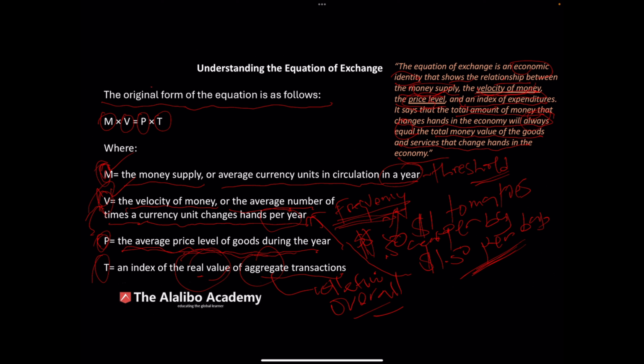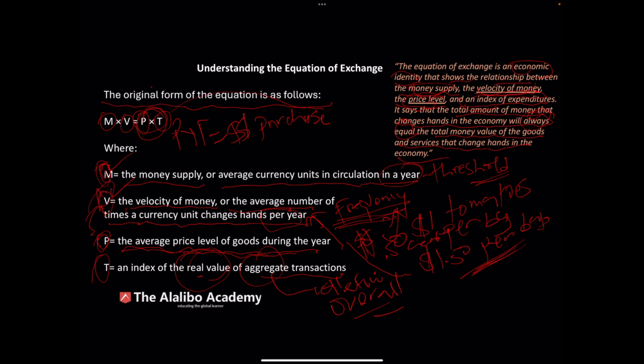And then that gives us the next indications. P times T can be seen as the average price level of goods during the year, which we multiply by the real value of purchases in an economy during the year, right? And that's what we have here. Let's not forget that this P times T equals the total money spent on purchases in an economy in a given year, right? So how much was spent on purchases in a given year in the economy?